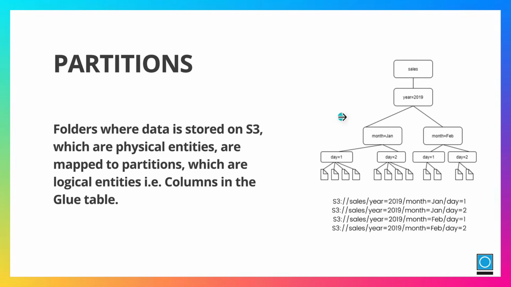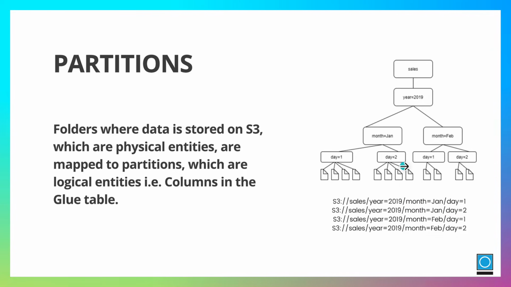Okay, so we can have a table called sales, and we can have a sale date. And AWS Glue, or indeed big data processing frameworks in general, give you the ability to create partitions. And with these partitions, we can split things into year, month, and day for that sales date. And what these actually become are folders on S3. So we can actually split the data on S3.